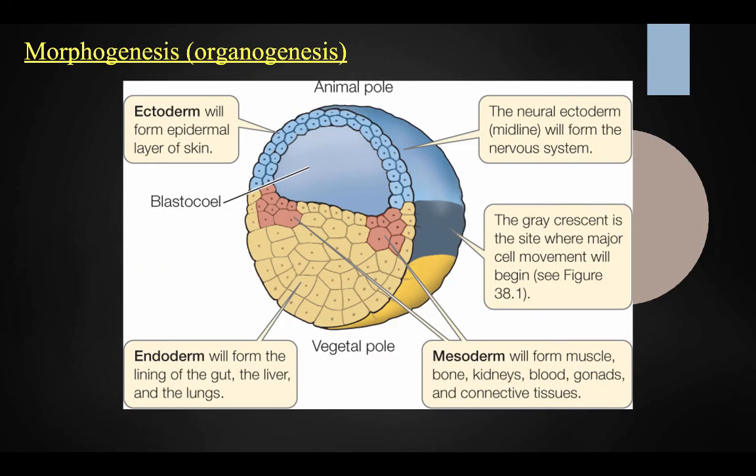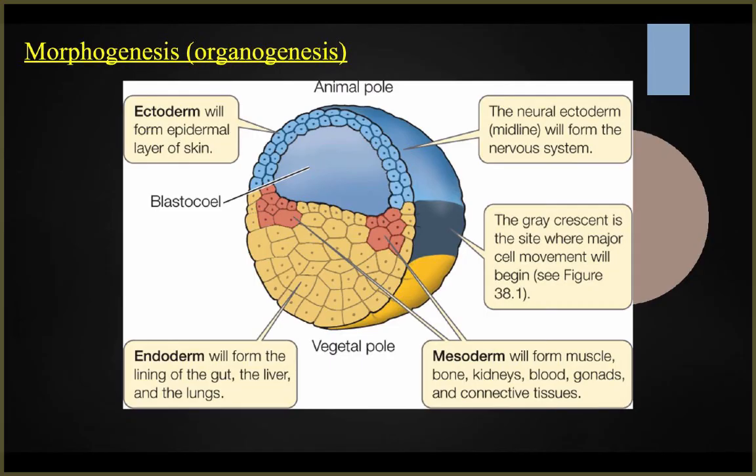And the last part is organogenesis, which is making the organs. And you essentially make them, or they originate from different germ layers. So the ectoderm over here, you'll see, forms the epidermal layer of the skin. Over here, the midline or the neural ectoderm will form the nervous system.